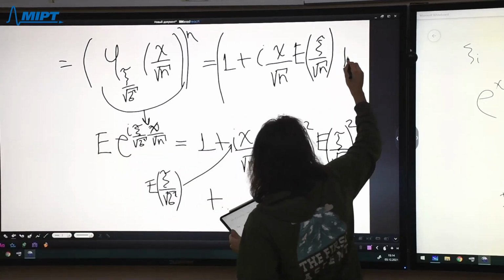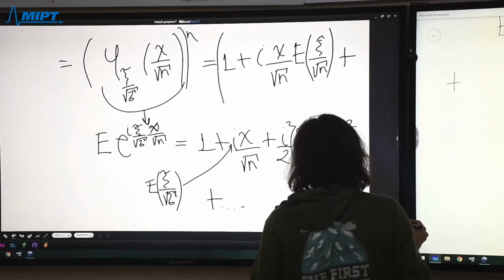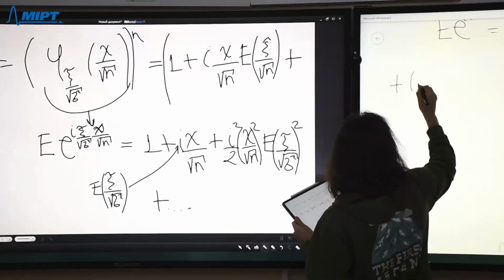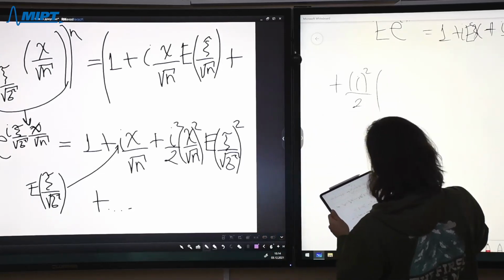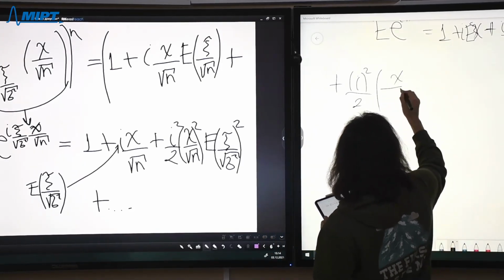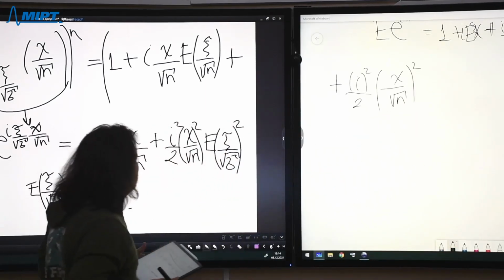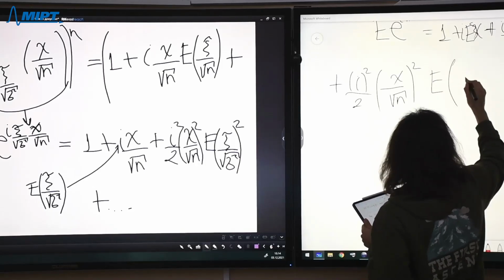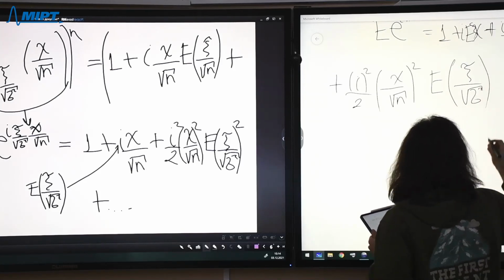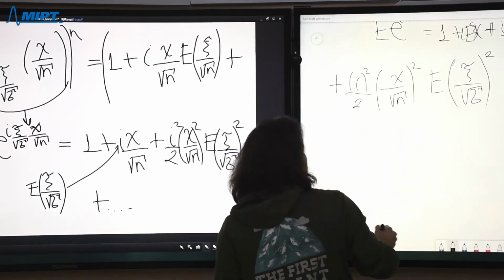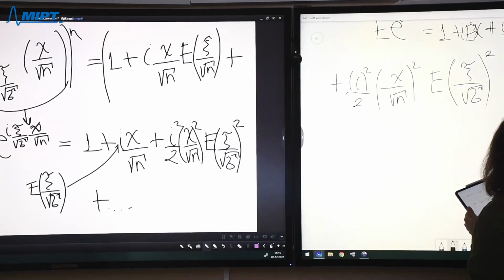Then, plus, we have I squared over 2, and we have x over the square root of n squared, plus, and here we have the expected value of psi overline over the square root of sigma squared. And all of this leads to o of 1 over the square root of n squared.